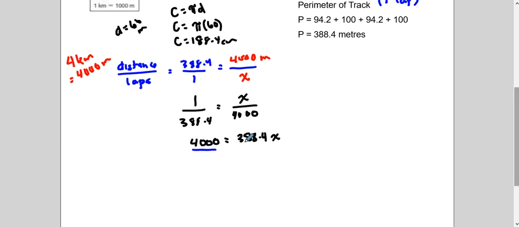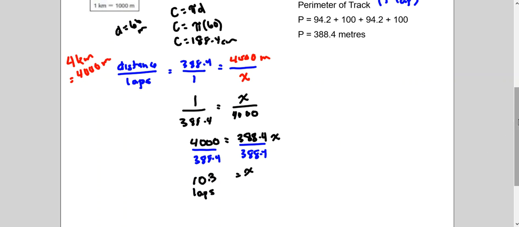And then we can divide both sides. All right, and you can probably take a guess what that answer is going to be. I was thinking around 10. It's just a little bit more. So I've got about 10.3.